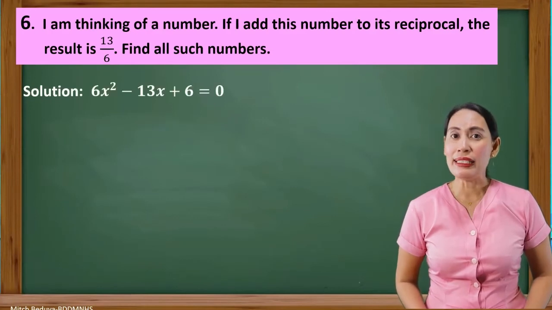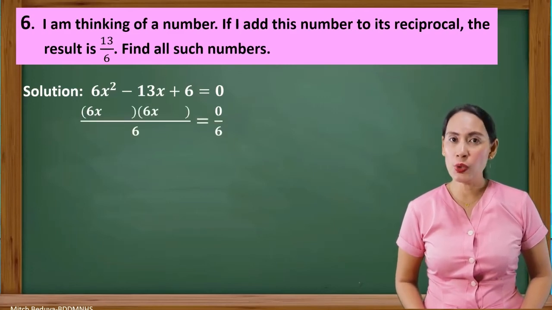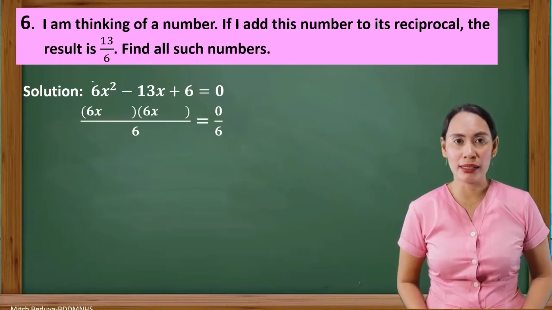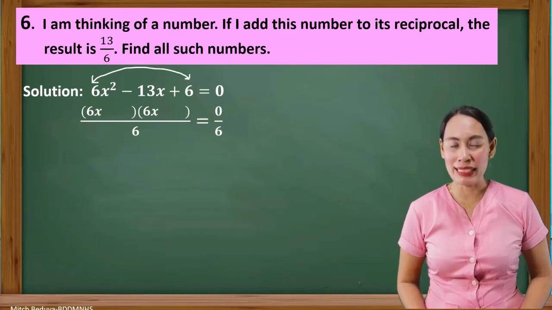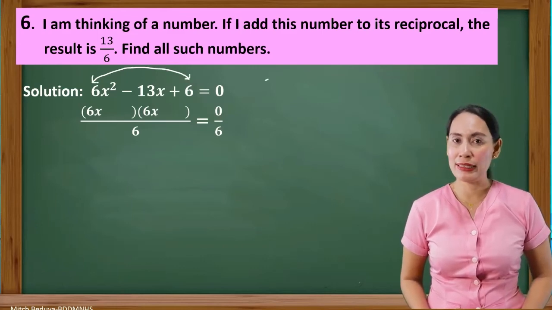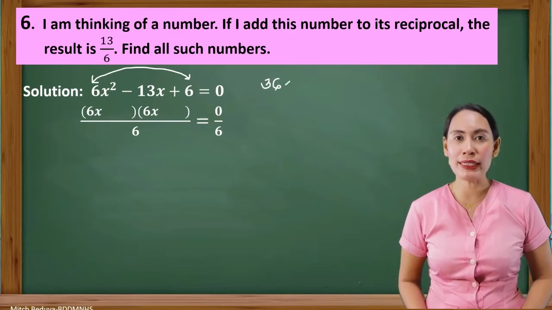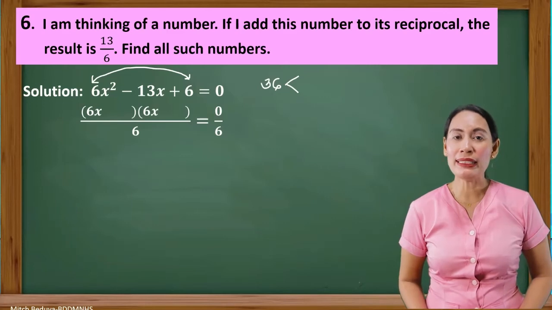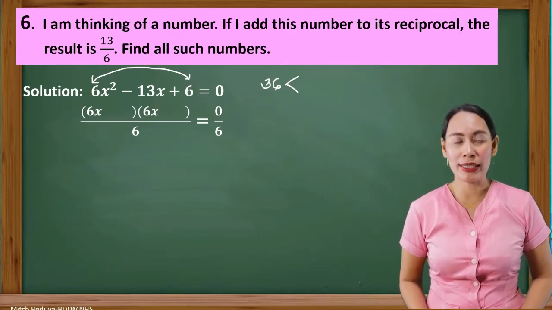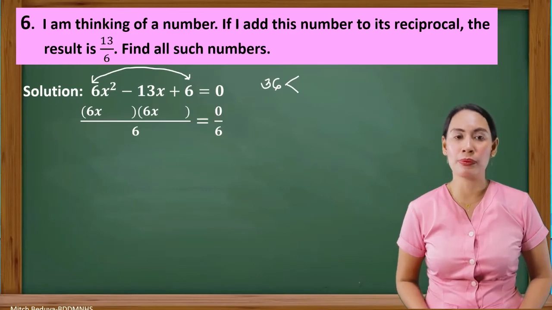Since the leading coefficient is greater than 1, we multiply the leading coefficient to the constant. So 6 times 6 equals 36. And then we find two factors of 36 wherein the sum of the two factors is equal to the coefficient of the second term of the equation.